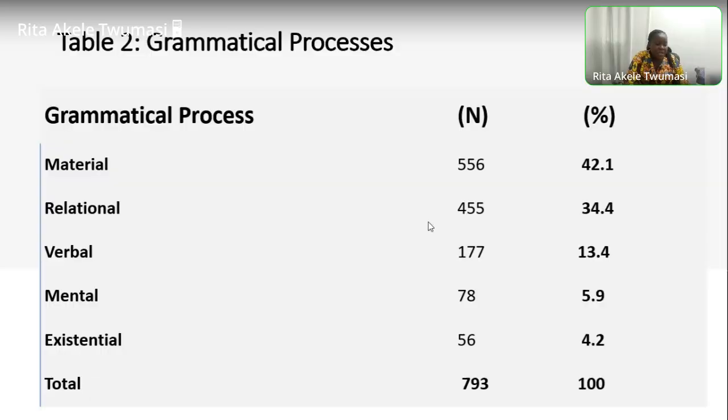But the least of the relational process, confirming Halliday and Matthiessen in 2004 that relational and mental processes are characteristics of conversation. Here, with the verbal process, the examiner is seen to be engaging in a dialogue with the reader, but mental process is less in the present data because the recipient of that conversation is not physically present in the discourse to reveal his or her subconscious feelings and thinking.